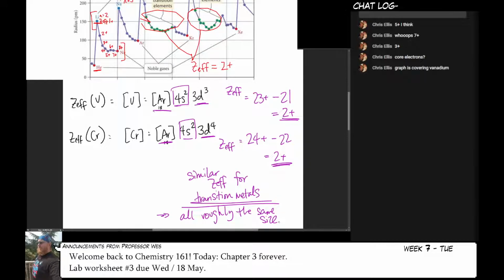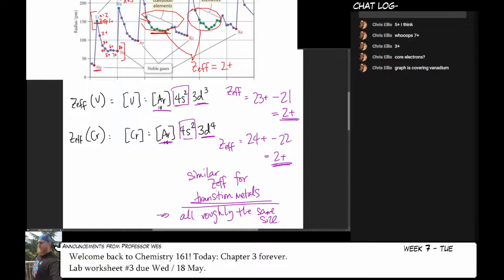And the effect that we observe is that for transition metals, they're all roughly the same size. And wouldn't you know it, when you look at this diagram right here, what happens in this region right here? They don't really seem to change all that much. In fact, some of them go up. Now, on the right, in the period 5 transition elements, it's a lot more exaggerated.